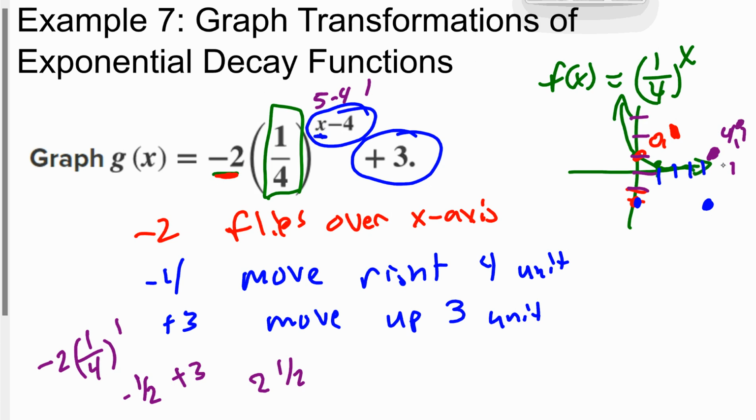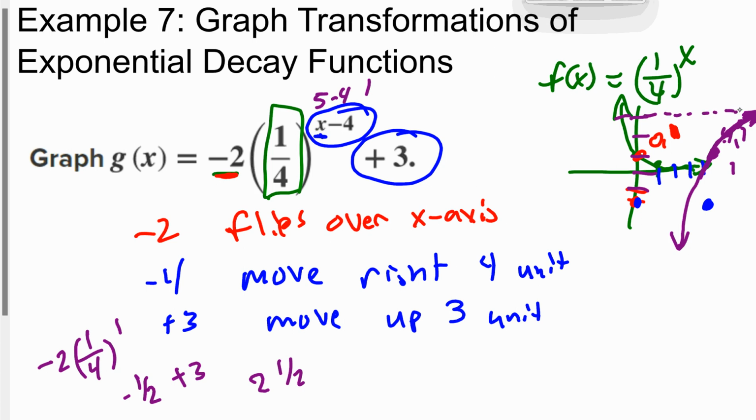So right here, that means I'm going up, right? Like that. Going up that way. And this way I'm going down like that. And it's going to keep getting a little bit larger there. But it's not going to cross at this 3, right?